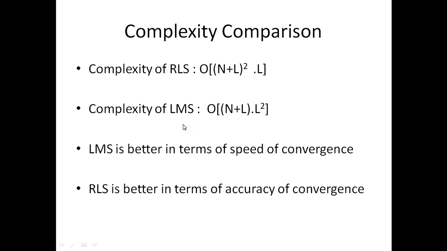When comparing the performance of LMS and RLS, we can conclude that LMS performs better when speed of convergence is a concern, but RLS performs better when accuracy of convergence is the concern, because RLS has a better estimate of the autocorrelation matrix, but LMS gives you a faster estimate of the autocorrelation matrix. These differences will make these algorithms work as shown.